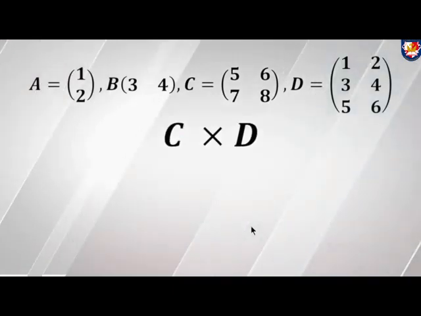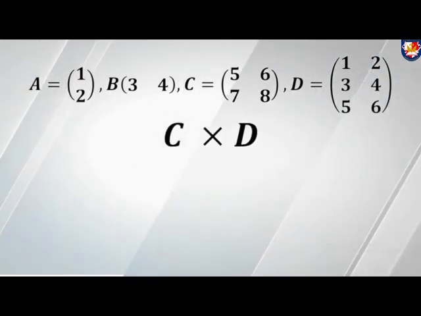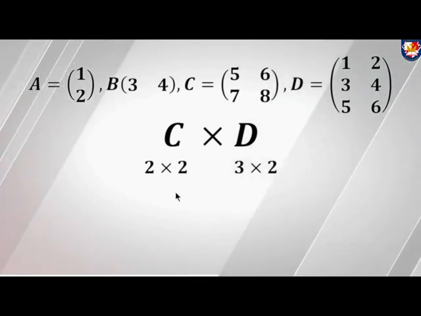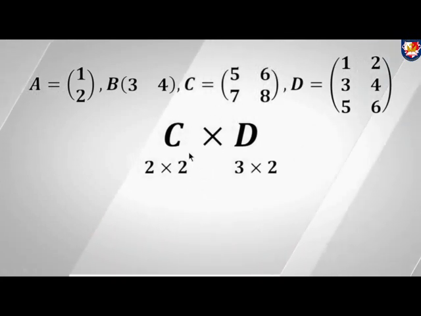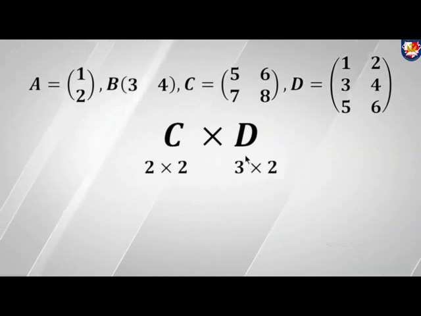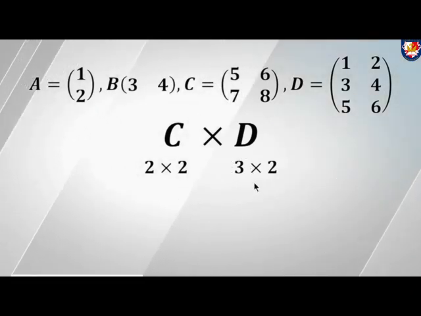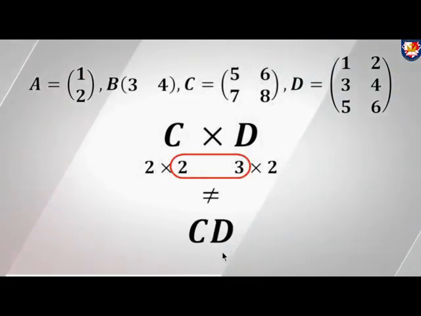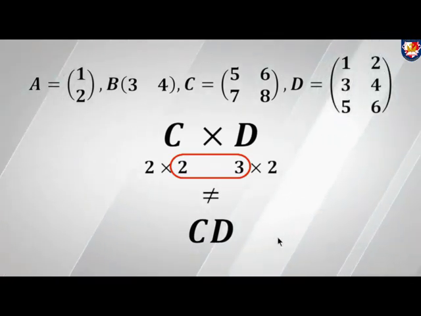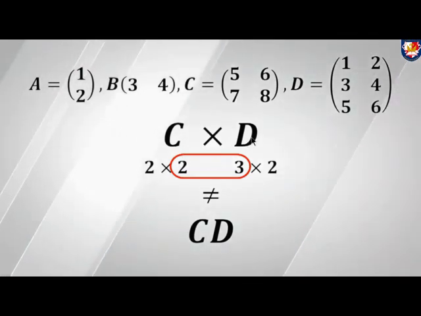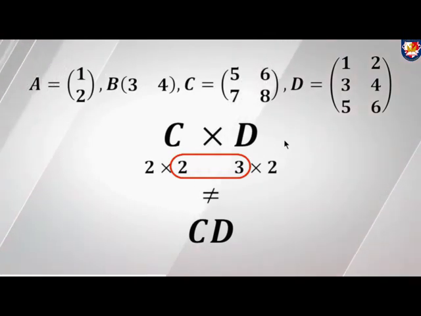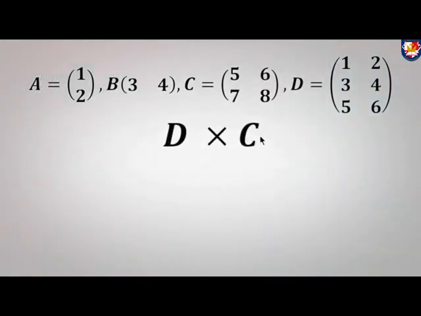How about matrix C times D? We knew that the order of matrix C is 2 by 2 and matrix D is 3 by 2. As you can see here, the number of columns in matrix C is not equal to the number of rows in matrix D. That means C and D are not able to multiply, so we cannot multiply C and D. But if C times D is not able to multiply, how about D times C?